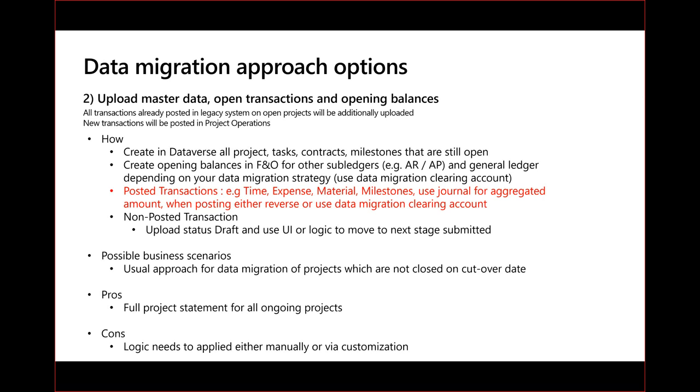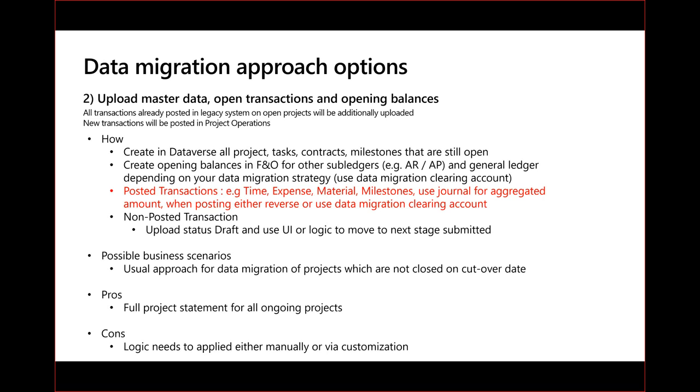That's the reason why we either use a clearing account or we need to reverse those transactions. And then, of course, we would have a full project statement for all ongoing projects in our Dataverse environment. The con, of course, is we need to write a little bit of logic so as not to have to do too many things manually.